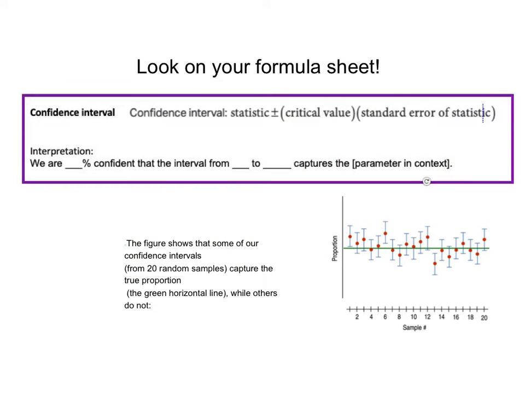We are going to be building an interval, which we're calling a confidence interval, that captures the true proportion of our population, our population proportion, known as a parameter. Often we don't know the true proportion, which is why we're building this interval, but we do know our sample proportion.